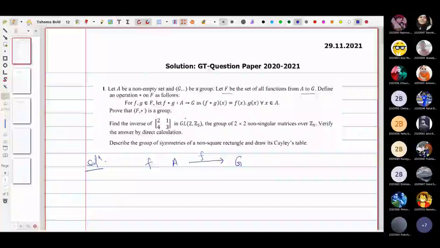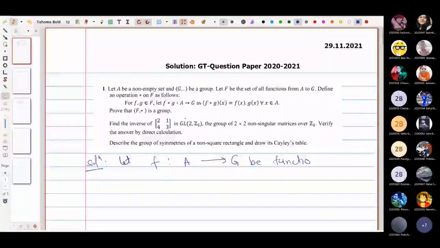Let us write it like this: let f from capital A to G be a function.